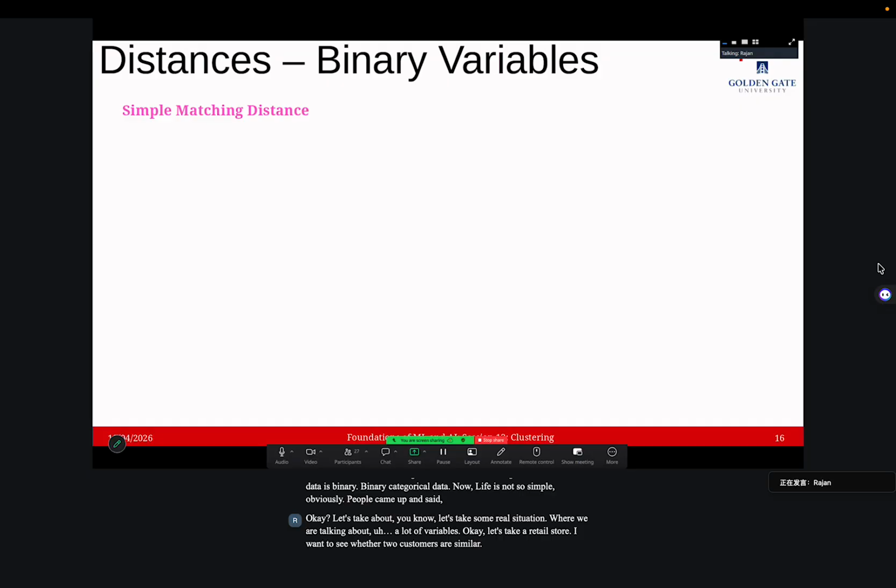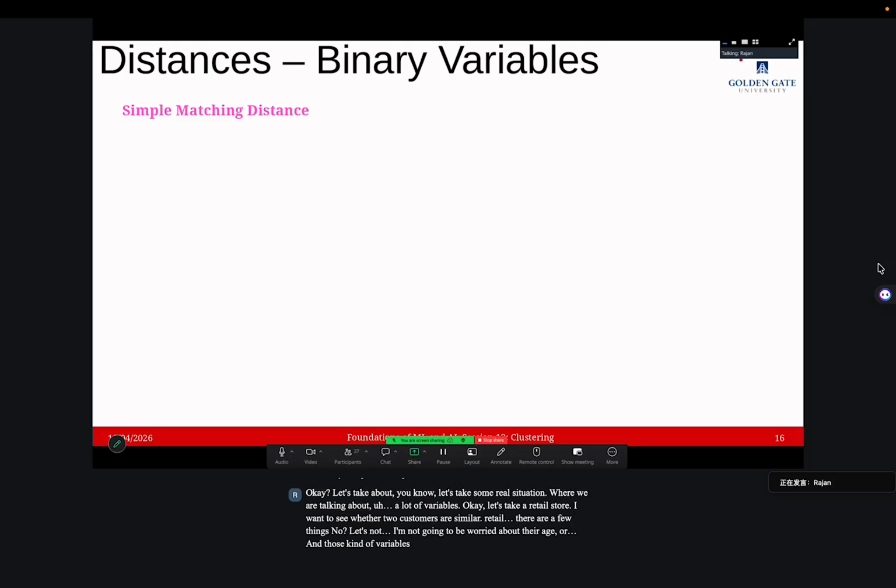I'm not going to be worried about their age or those kinds of variables now. Let me just look at the items that they bought. That will tell us whether they are similar or not. But then think about this. There are 5,000 items in this store. So how do we now deal with that?